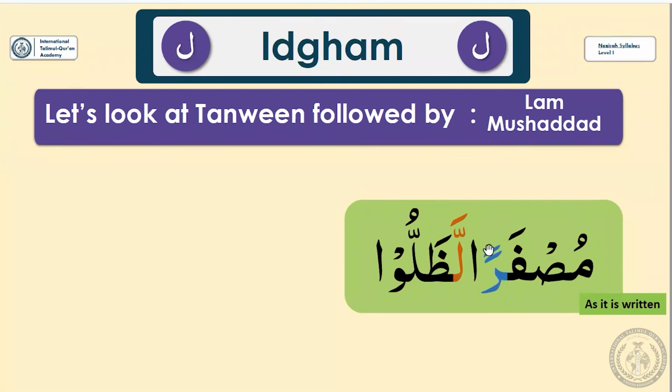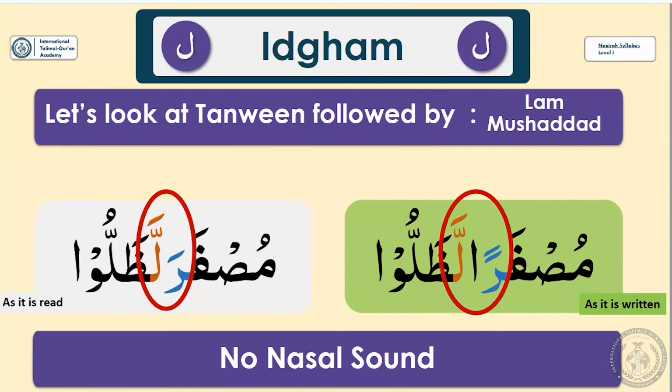But because there's a tanween and then a lam mushaddad, we know we need to apply the rule of idgham. And how we would actually read it is as in this white box over here. We would change the tanween, the fathatain on top of the ra that you can see in the green box, into a normal fatha and then assimilate with the lam mushaddad.